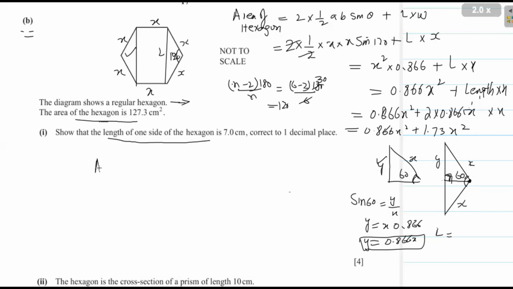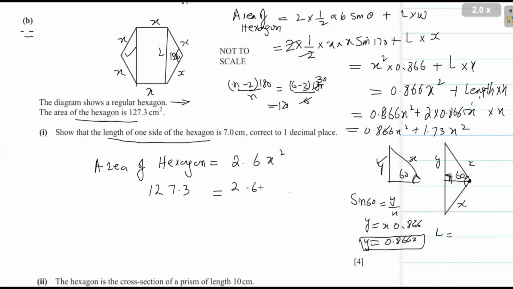Therefore, we can write the area of hexagon will be equal to 0.866 x square plus 1.732 x square. This will be equal to 2.6 x square.